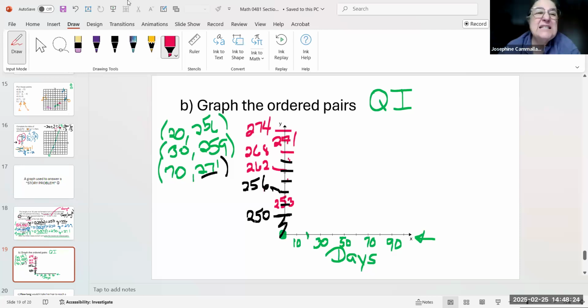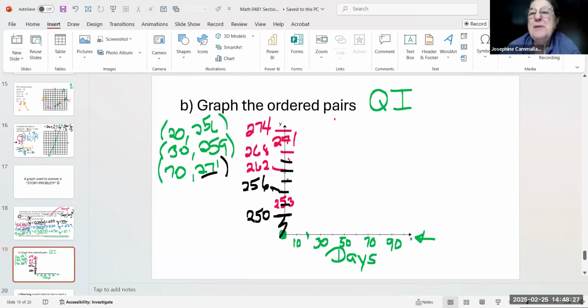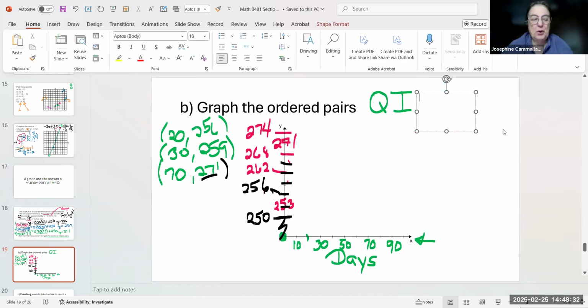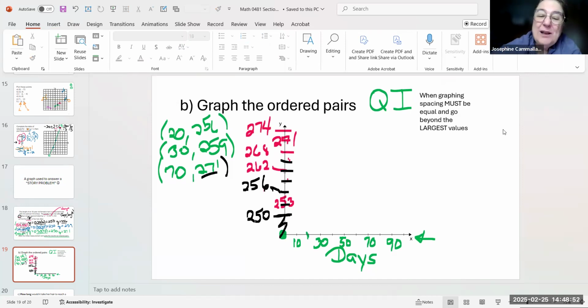Increments must be the same. They cannot be different. When graphing, spacing must be equal and go beyond the largest values, which is why I went to 90 and why I went to 274.